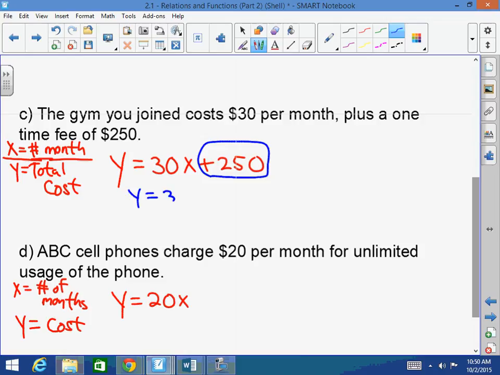It's going to cost me 30 times 10 months plus the 250 I had to pay. So that's 300 plus 250, $550 for 10 months. The 250 is a one-time fee. That's why I'm not multiplying the 250 times any variable. It's called a constant. That stays the same. Whether I'm going to be there 1 month or 1,000 months, I pay that 250 one time, but it's part of my total cost.